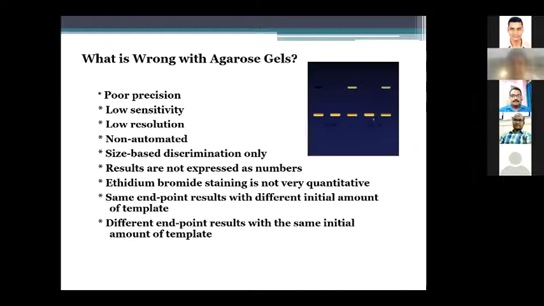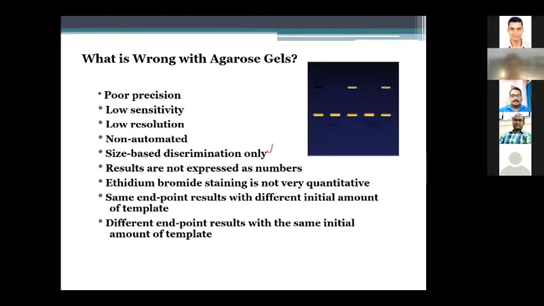When the size is the same, you are unable to discriminate which gene the product is from, because a 50 base pair product may be any gene. So this agarose gel only differentiates on the basis of the size.